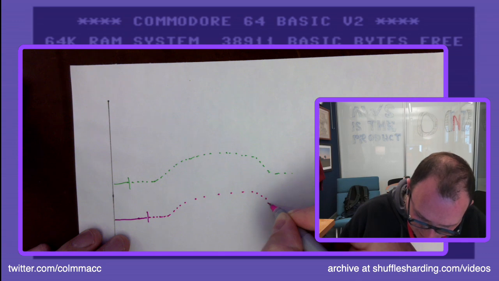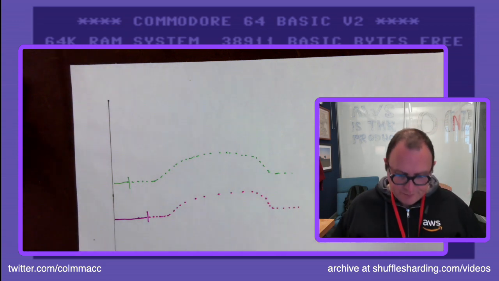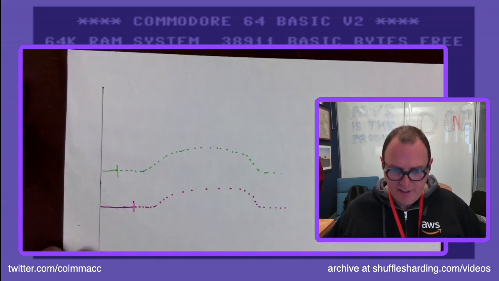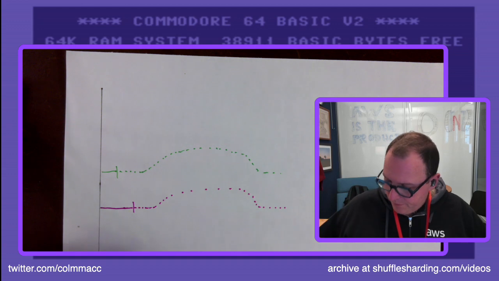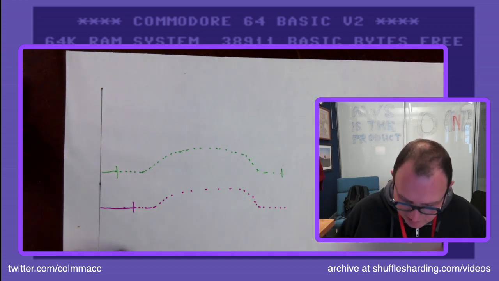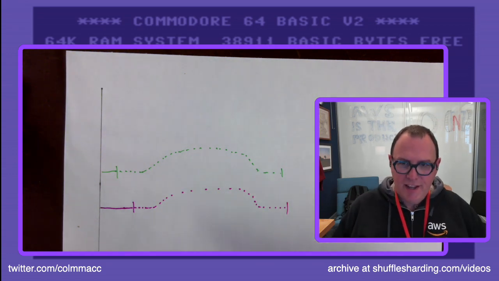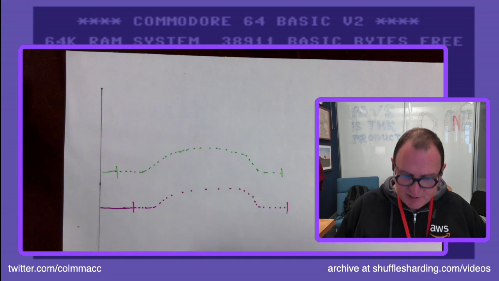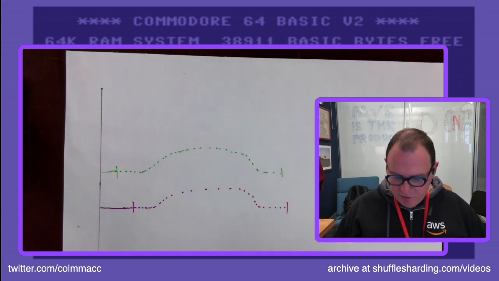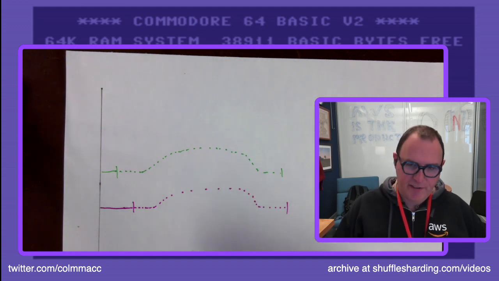I'm just representing the likelihood of the data points here with these. But the problem now is, although you might think this is better, because now if the attacker does a measurement and gets this value here, they can't tell whether that was pink or green.